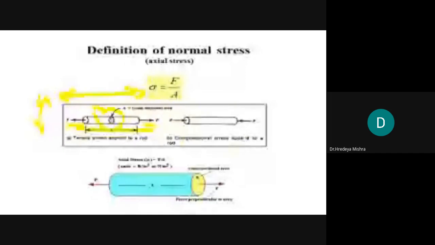But what happens when the force is compressive like this? F is now a compressive force. Then what happens in this direction? The length is decreased, and in the vertical direction the dimension will be increased.